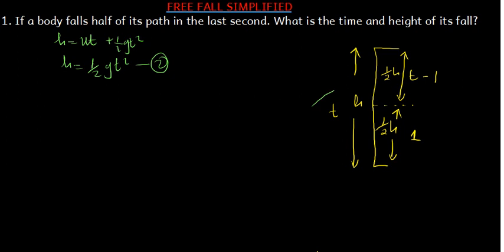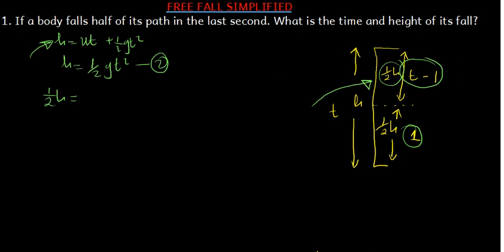Now considering motion that had already taken place before the last second, in this same equation we are going to substitute half h where there is height. That is equal to ut plus half g, where there is time, in the first half h we took time t minus 1.